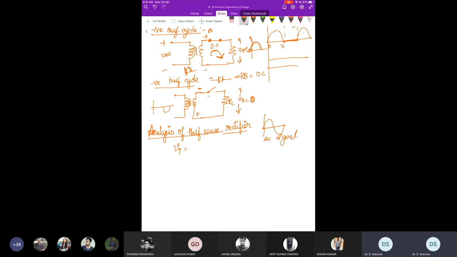You know that for a sine waveform, sine 0 gives 0 only. So if it is any AC signal, in a mathematical expression I can write it as Vi equal to Vm sin omega t. Anyone tell me what is the meaning of Vm? Vm मतलब क्या है? Maximum voltage.